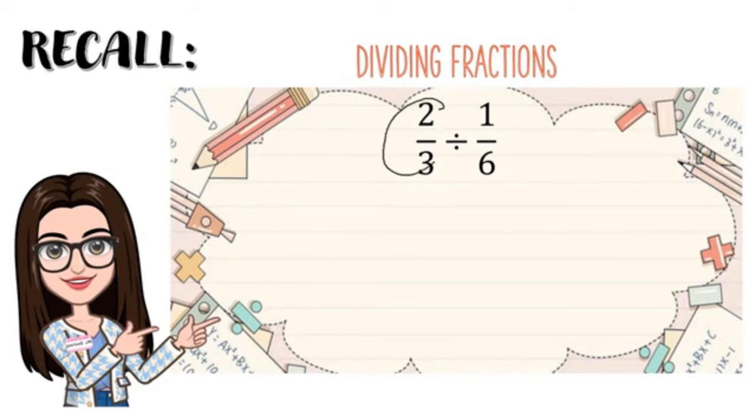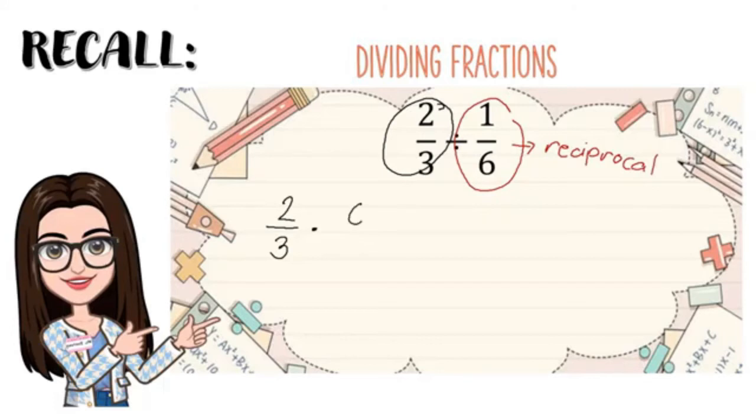You will copy the first term or the dividend 2/3, change the operation to multiplication, and get the reciprocal of the divisor. So the reciprocal of 1 over 6 is 6 over 1. Then you will now proceed to the process of cancellation or simplification.